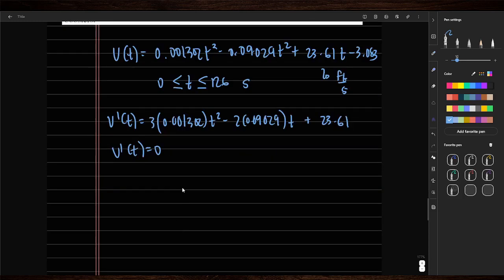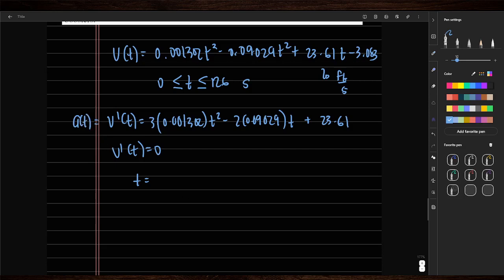You know already how to solve this by algebra to get the values of t. We have two values because it is a quadratic equation. Also, deriving the velocity, we know that by application this is the acceleration.